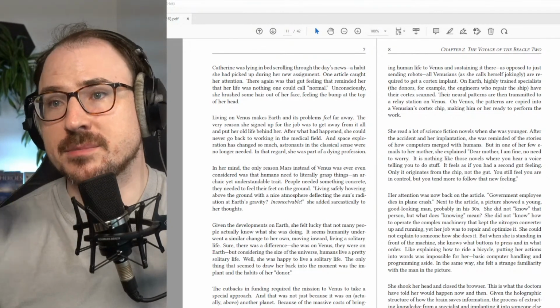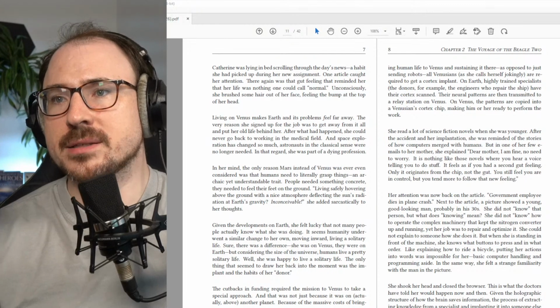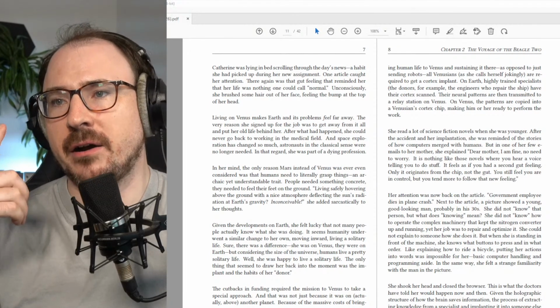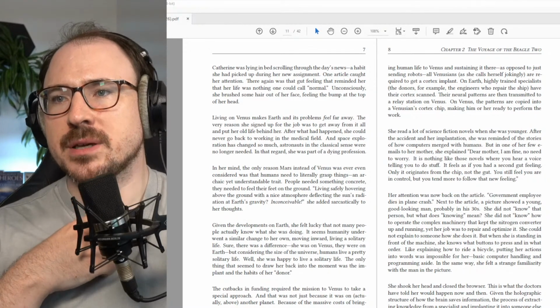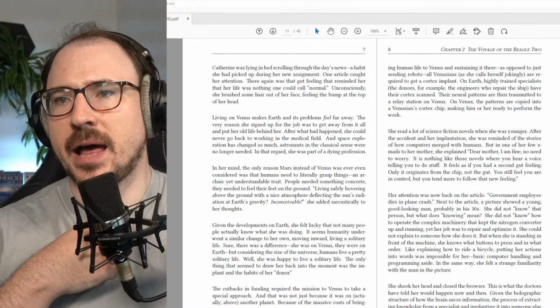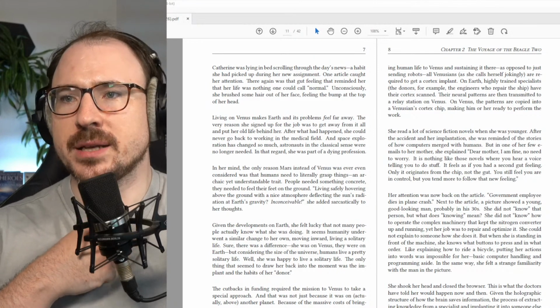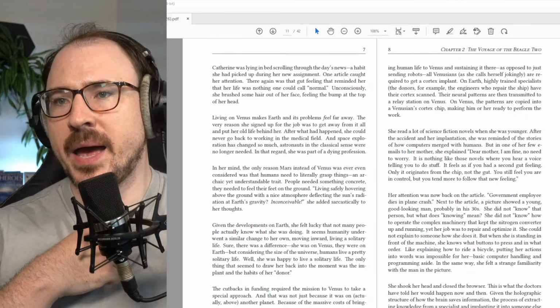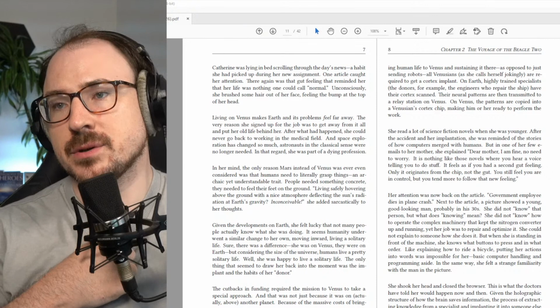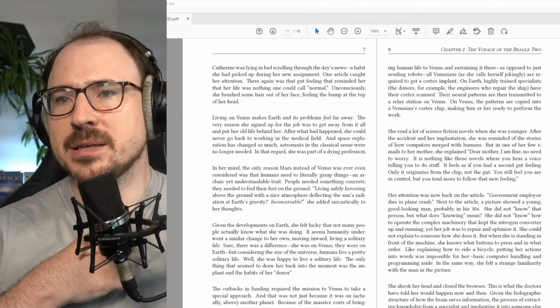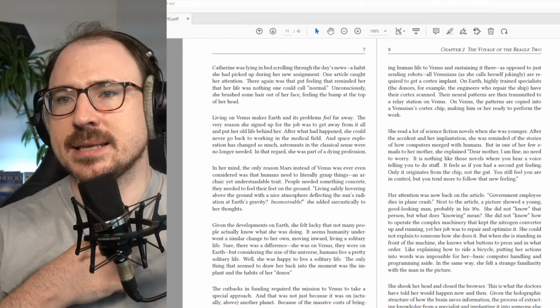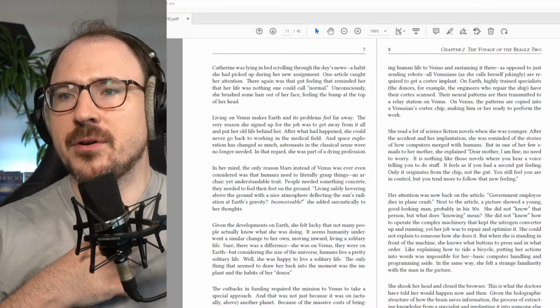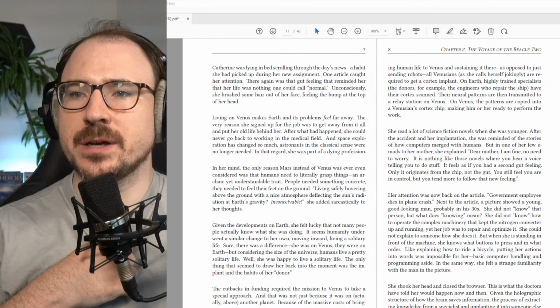Living on Venus makes Earth and its problems feel far away. The very reason she signed up for the job was to get away from it all and put her old life behind her. After what had happened, she could never go back to working in the medical field. And space exploration has changed so much, astronauts in the classical sense were no longer needed. In that regard, she was part of a dying profession.